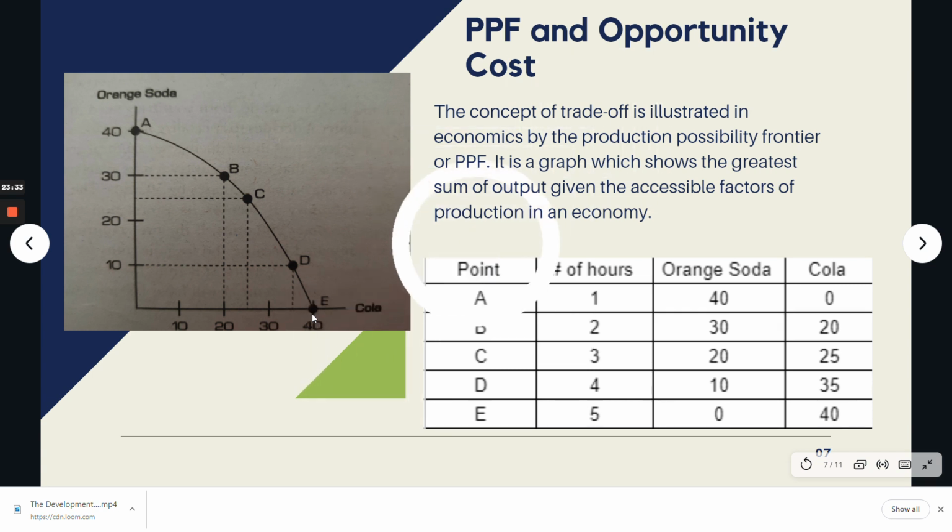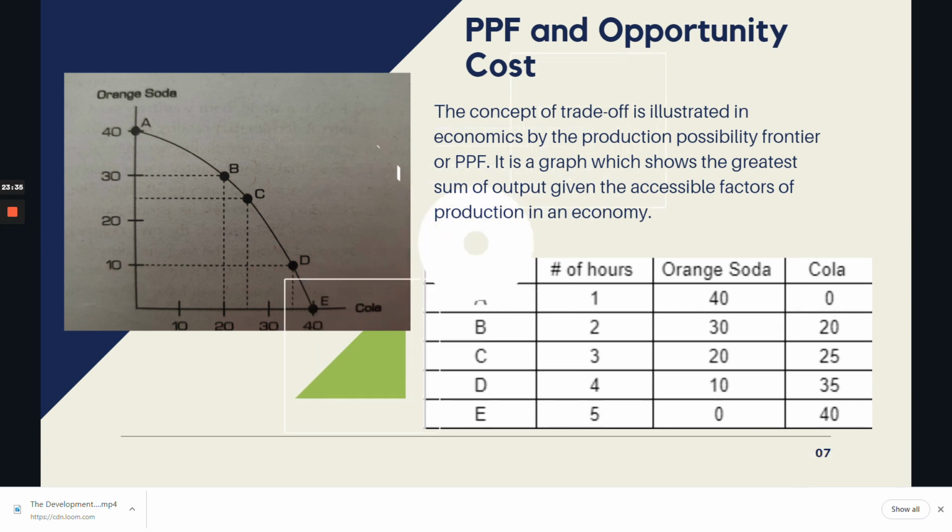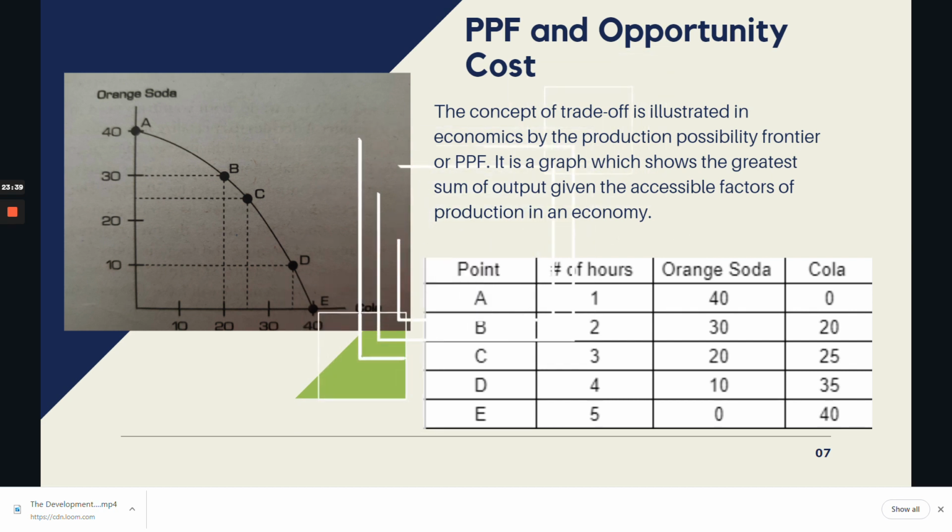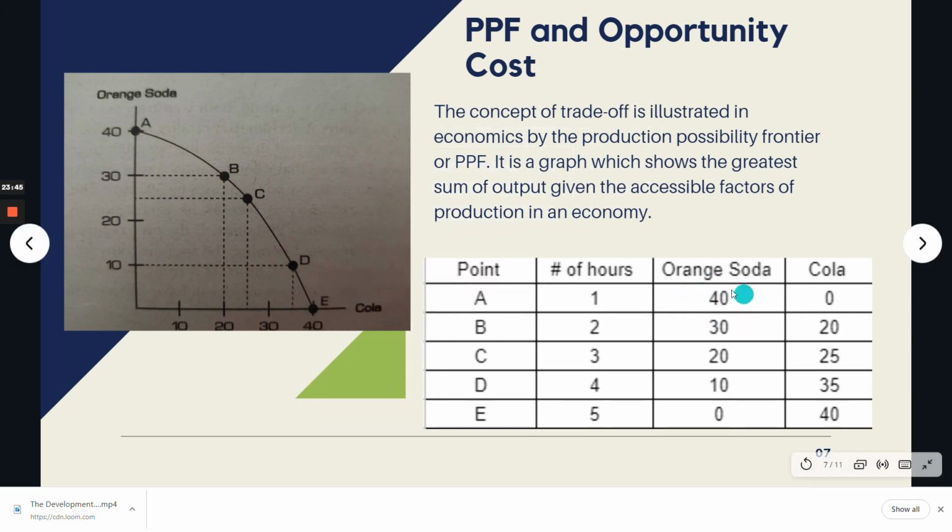Right? So, makita nimo diri from this figure, we can observe that kanang mo na to atong gi-discuss nga at point A na ay 40. So this is your production possibility frontier. Kung pinakadaghan nimong ma-produce nga soda is 40 pero wala kay i-produce nga cola.